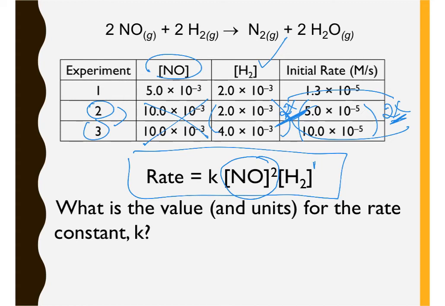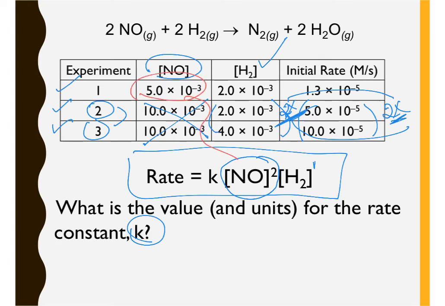Because once you find the rate law, you will often be asked to solve for the value of the rate constant K. So how do we do that? It's simple, but it's easy to make kind of a silly mistake. So all you do is you can use any of the experiments that are done. All you do is go back and plug in the values in the table.